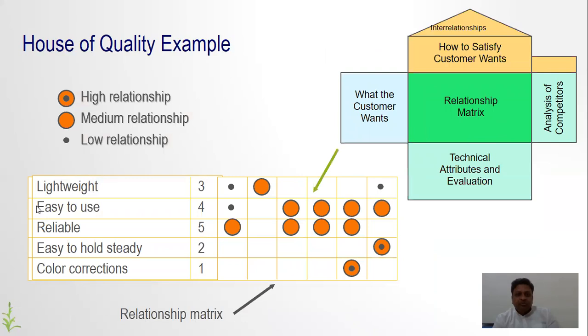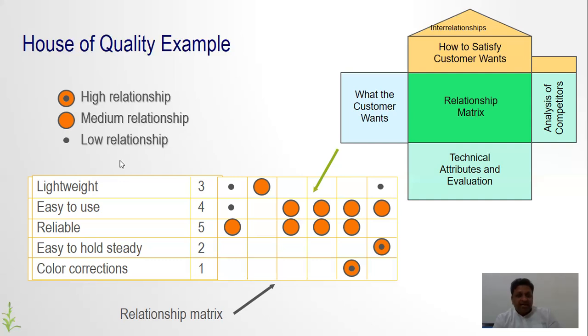So to the next step, what the customer wants, that is the relationship matrix. Lightweight 3, easy to use 4, reliable 5. Reliable is the highest one in that. Easy to hold steady, color correction 1.